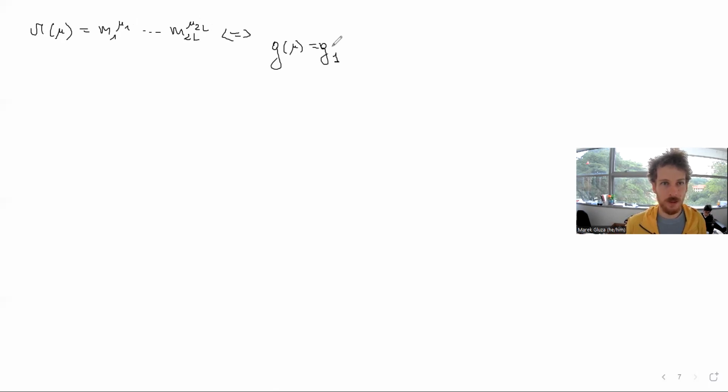The next thing that I will do is I will introduce Majorana words, which are just expressions like this, M2L, mu2L, which is equivalent to what we were doing for the Grassmann expressions, where I'm taking G1 mu1 and G2L mu2L.